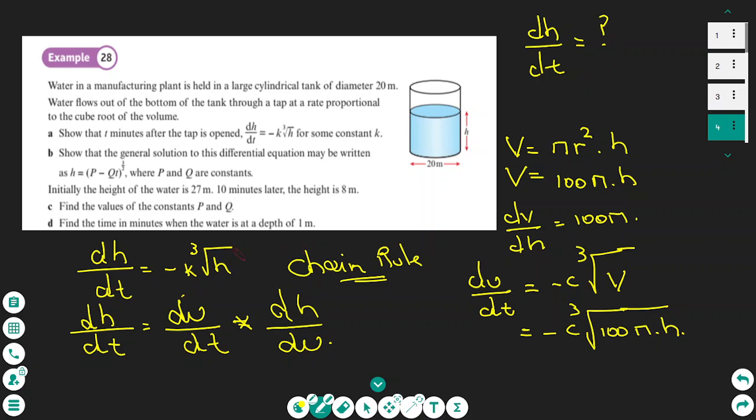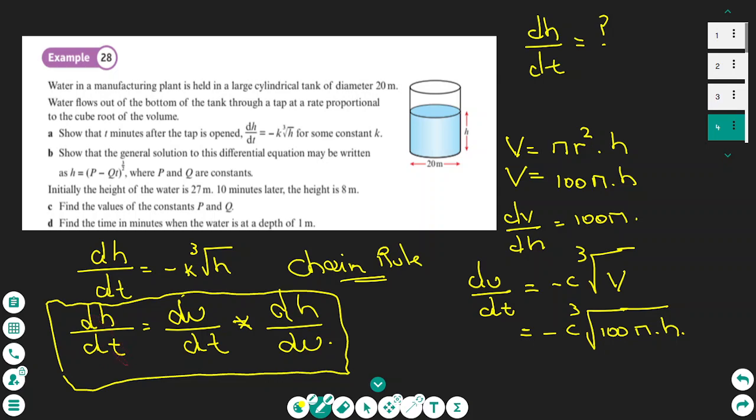And the chain rule I have just summarized below. Okay, so the chain rule is dh over dt is equal to dv over dt times dh over dv. The dv over dt is the change of volume over time. So I need to differentiate the v, the volume of the cylinder, and the formula for the volume of the cylinder is pi r squared times h.